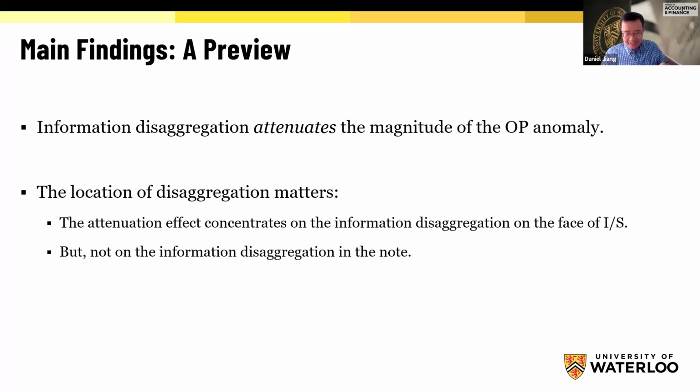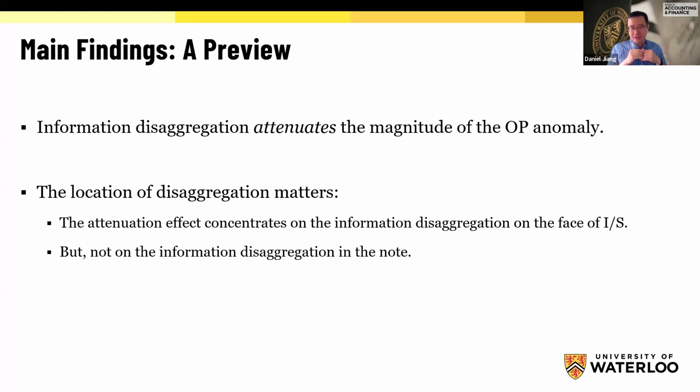So before I get into our research design details, here is the preview of our main findings. First and foremost, we do find evidence showing that information disaggregation can attenuate the magnitude of the OP anomaly. Secondly, we find not all disaggregation is created equal, because the location of the disaggregation matters.